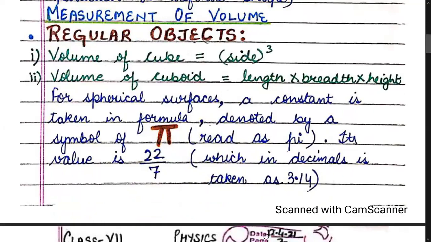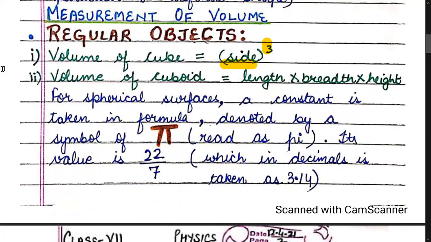for regular objects. Now, first of all, you must have studied volume of cube and cuboid in your lower classes. Volume of a cube is equal to cube of the side of the cube.